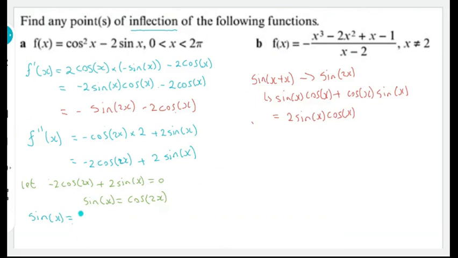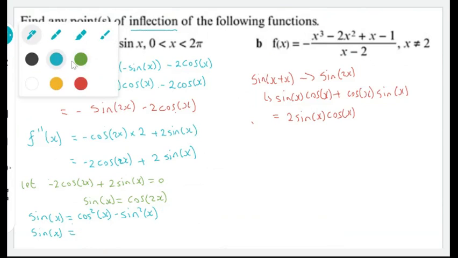And then I have sine x equals, and then cos 2x, using my expansion for cos of x plus x, becomes cos squared x minus sine squared x. Where did cos squared x minus sine squared x come from?